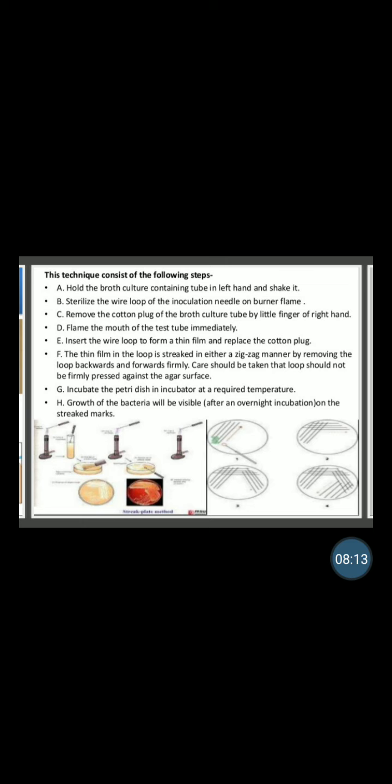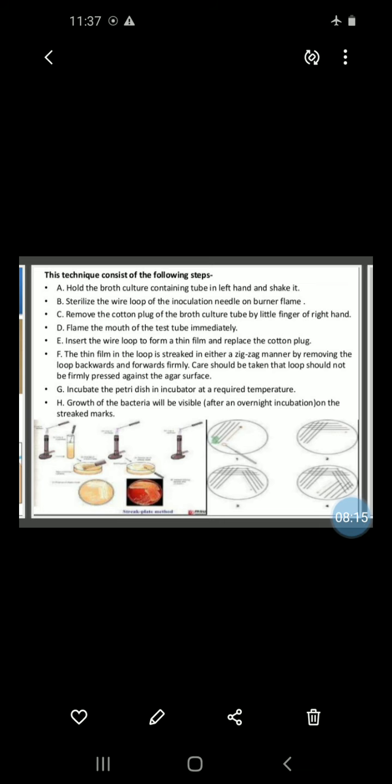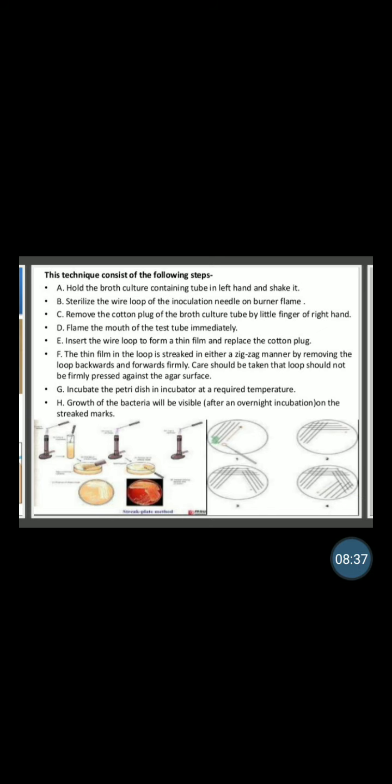Then flame the mouth of the test tube immediately. Then insert the wire loop to form a thin film and replace the cotton plug. Then the thin film in the loop is streaked in a zigzag manner by moving the loop backward and forward. Care should be taken that the loop should not be firmly pressed against the agar surface, it means it does not cut the agar surface.